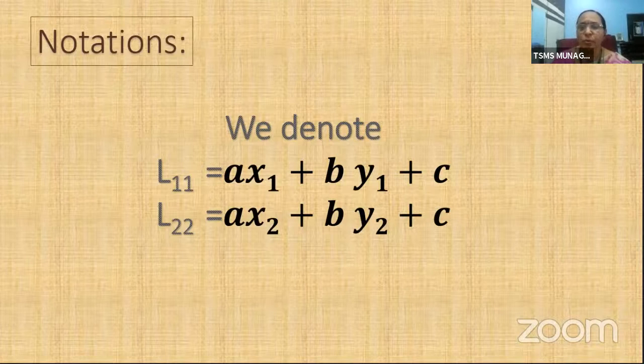Now, what is L22? L22 is the substitution of the point P of x2, y2 in ax plus by plus c, which is ax2 plus by2 plus c. So please remember: L11 is the substitution of x1, y1, and L22 is the substitution of the point x2, y2.